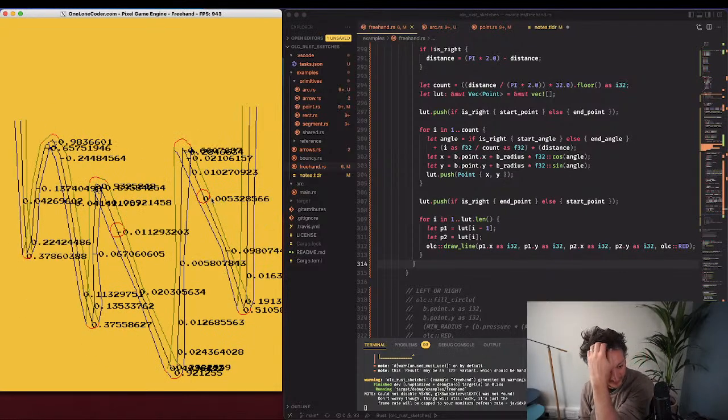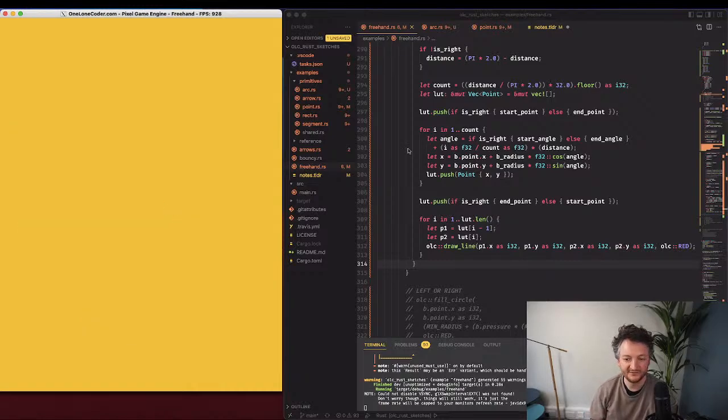So these are like really small, right? These are 0.05, 0.1. So why is this doing the full circle? Let's see if I can reproduce that here.